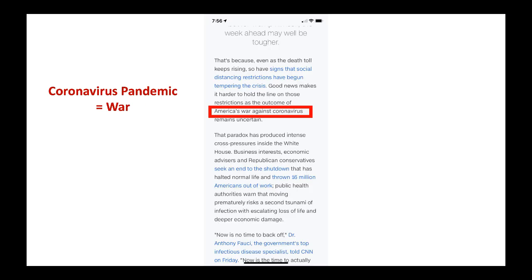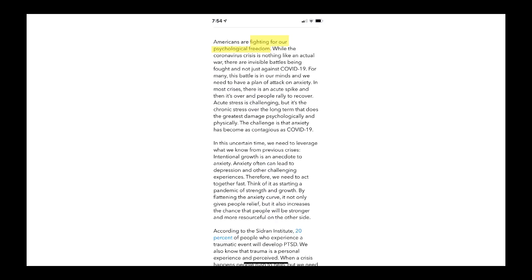So I was reading coronavirus news on my phone and saw this, America's war against coronavirus. That's a metaphor. A virus isn't a combatant in a war. The pandemic isn't a country that's attacking us that we can attack back. This is a shift in the metaphor, this little bit here.